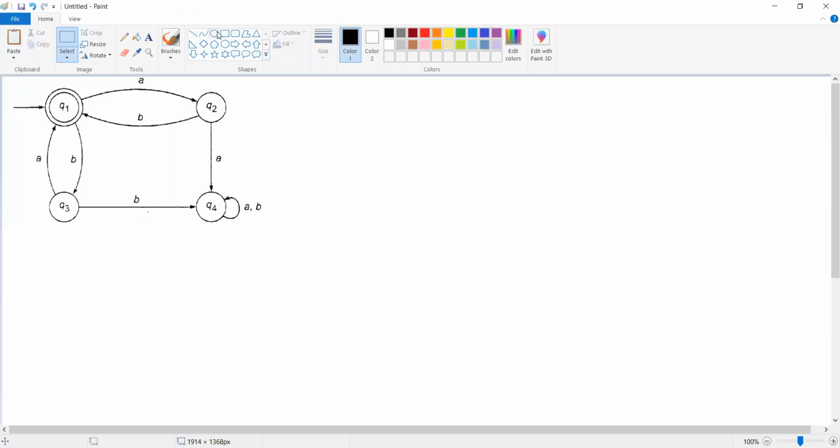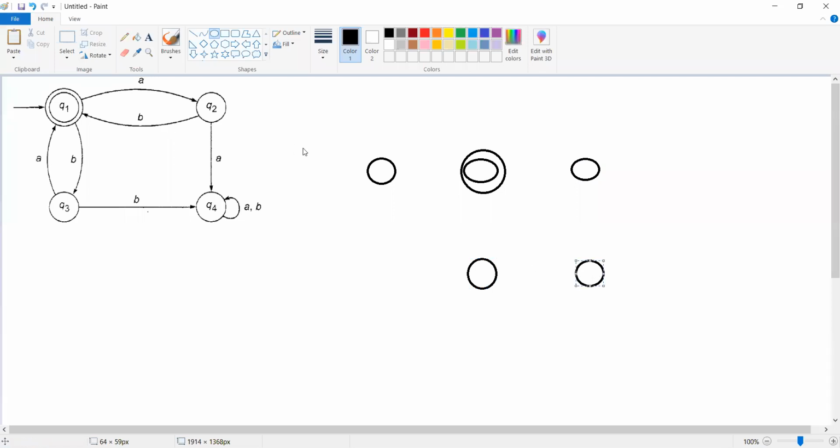Now I am going to introduce a new initial state. And this is going to be my final state. Then this will be Q2, this will be Q3, this will be Q4.